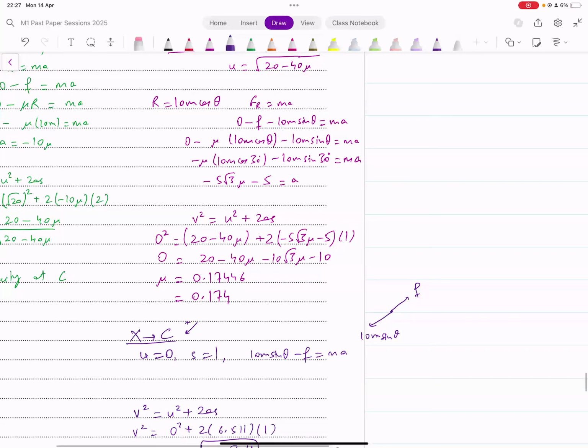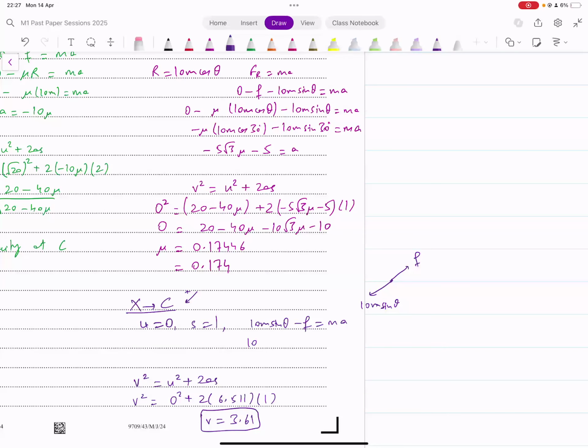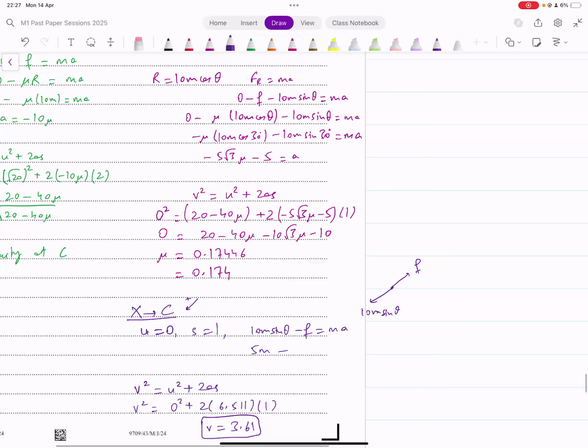Okay. So 10m sine theta, what did that turn out to be? That was 5 times m minus friction. Friction was 5 under root 3 times mu times m equals mass into acceleration.